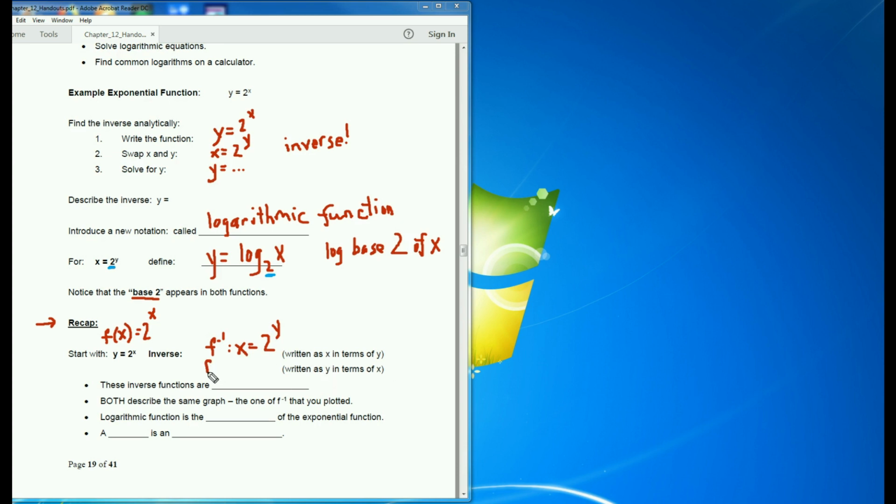So to do that, we had to use this new notation and write the inverse as, and I just don't have room, I'm just going to come off to the side, y equals log base 2 of x.